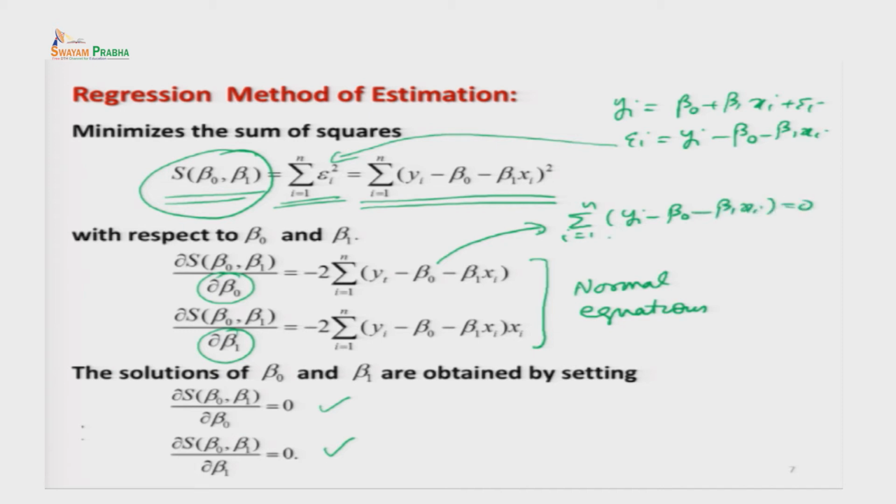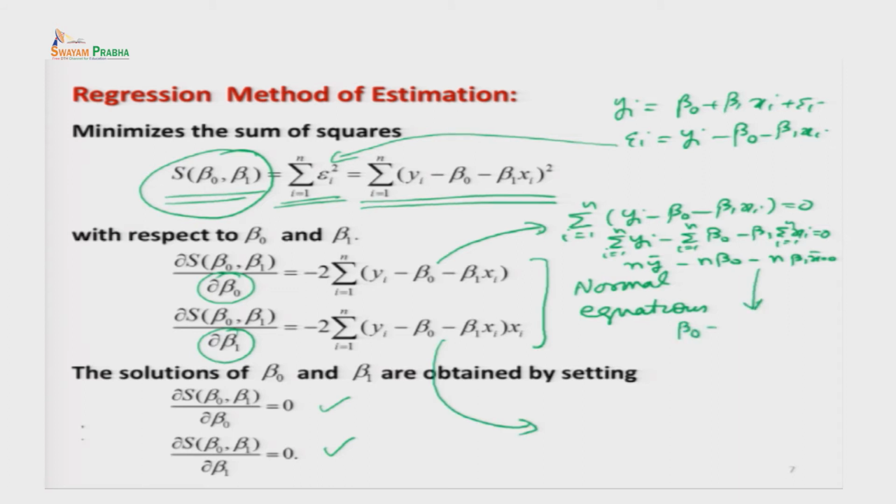And now, if you open it, summation yi minus summation beta 0 minus beta 1 summation xi equal to 0, where the summation goes from i equal to 1 to n. So, what will now happen is that this will become n times y bar minus n times beta 0 minus n times beta 1 times x bar equal to 0. And now, from here if you solve it, you get beta 0 is equal to y bar minus beta 1 x bar.